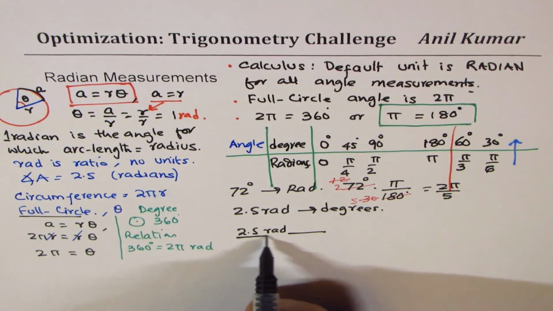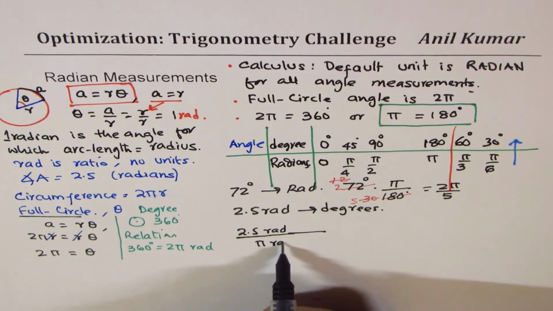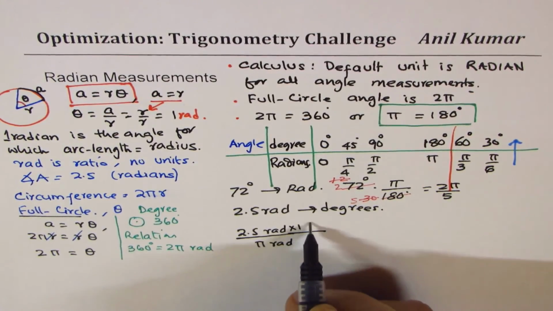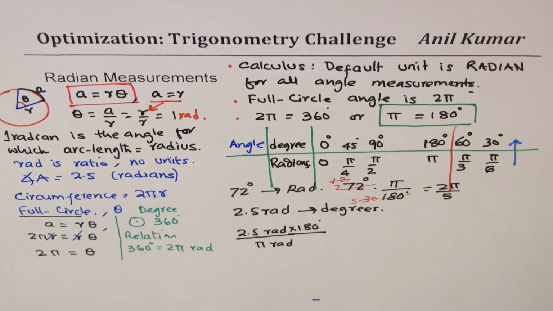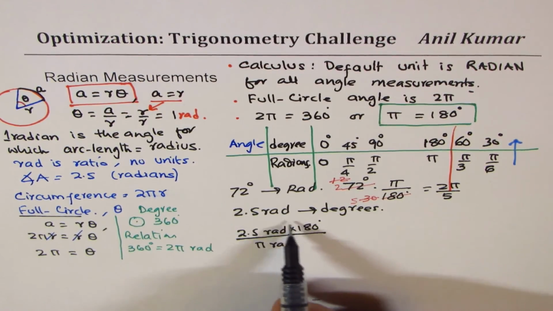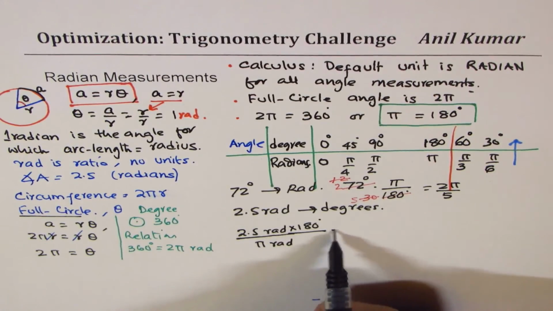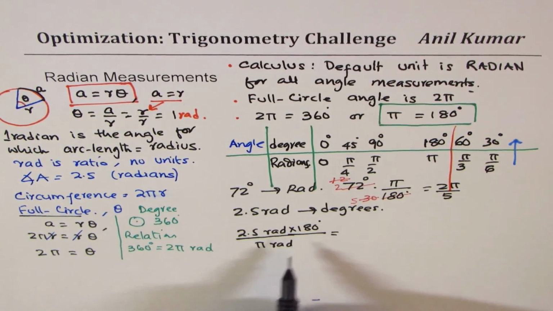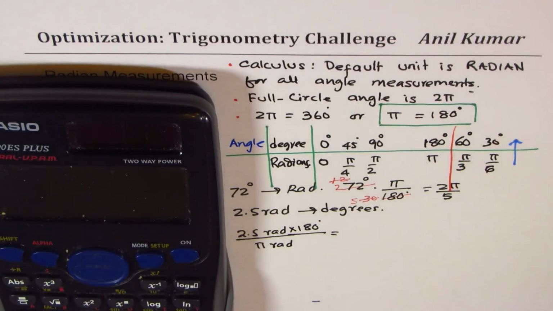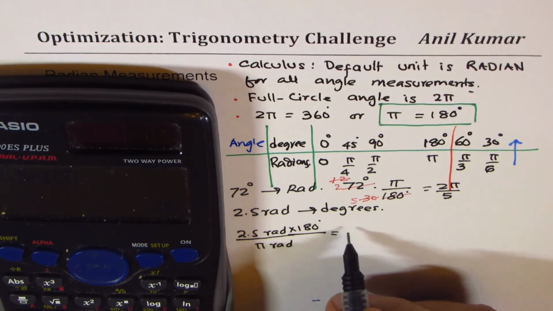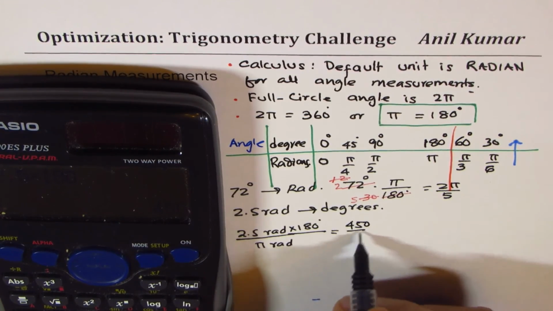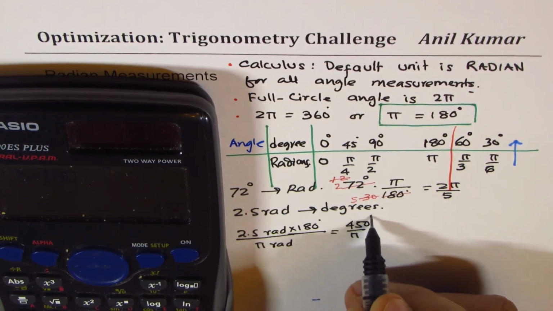So we could divide this by pi radian and multiply with 180 degrees. Does that make sense to you? So that factor is going to give you the result of 2.5 radians in degrees, correct? So let's multiply. We get 2.5 times 180, which is 450 over pi in degrees.